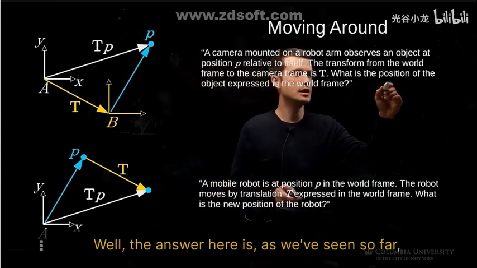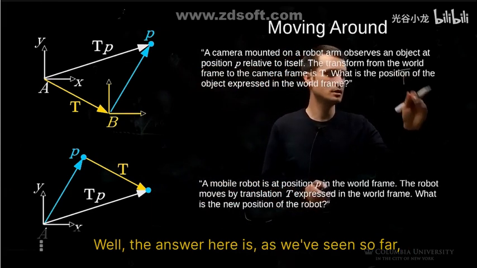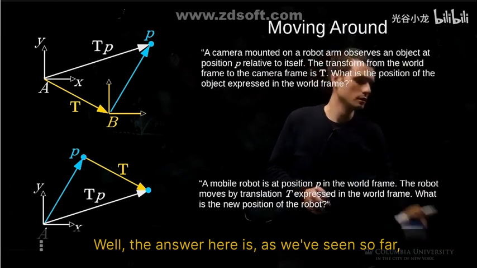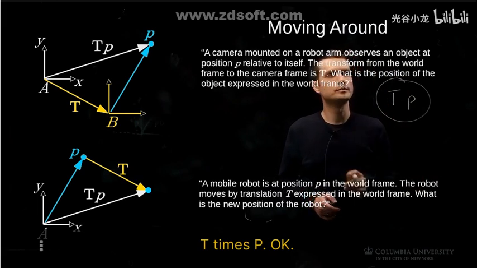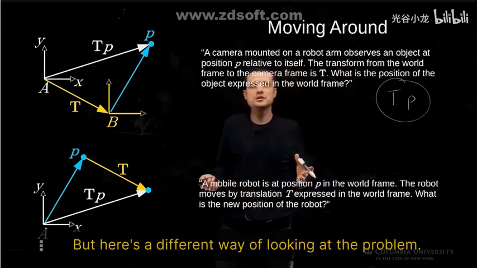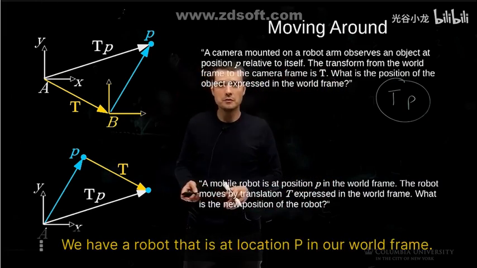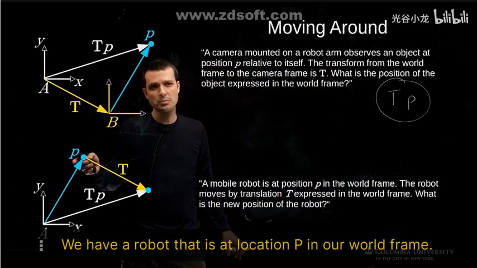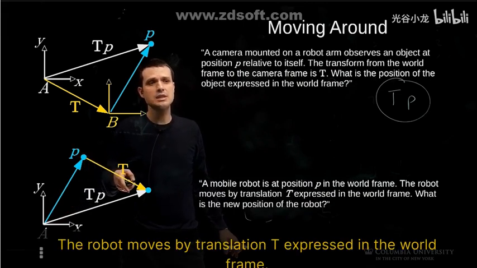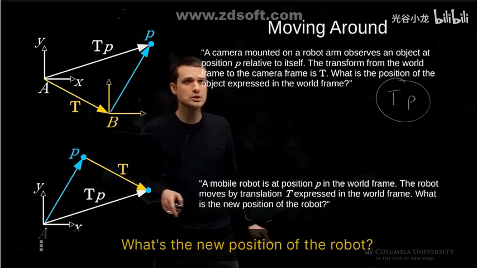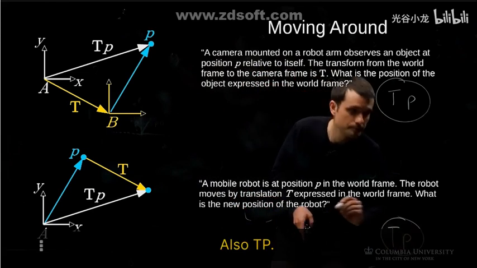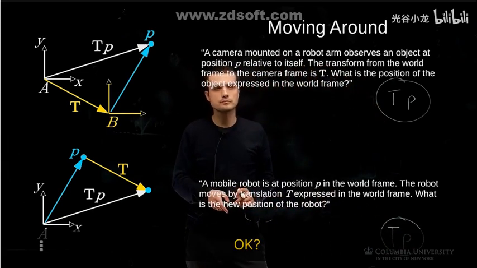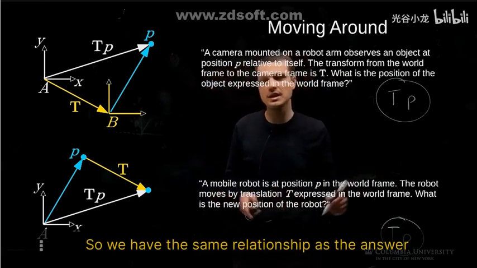Well, the answer here is, as we've seen so far, T times P. Okay? But here's a different way of looking at the problem. We have a robot that is at location P in our world frame. The robot moves by translation T expressed in the world frame. What's the new position of the robot? Also TP. Okay? So we have the same relationship as the answer to two different problems.